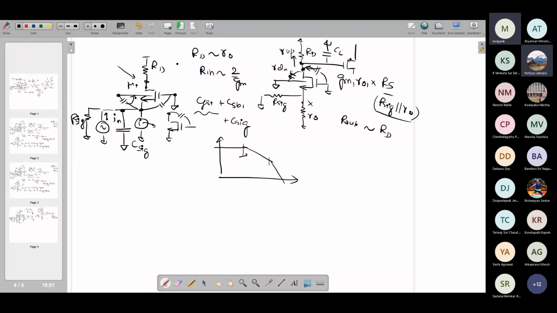Then you can figure out which one is dominant: if you change RD, which pole is shifting. So by doing a little bit of experiment, you can figure out which one is dominant in the circuit.